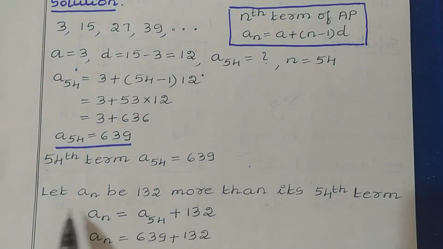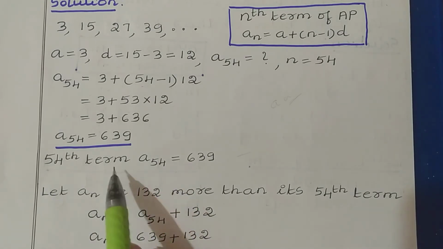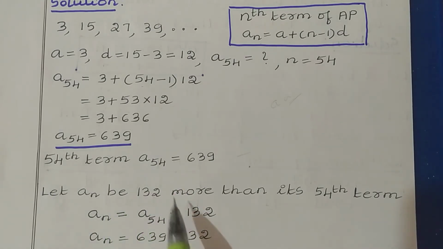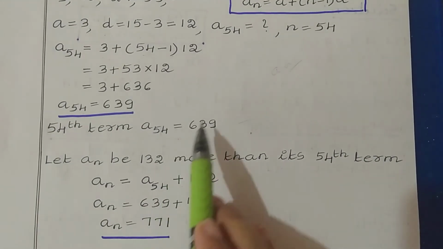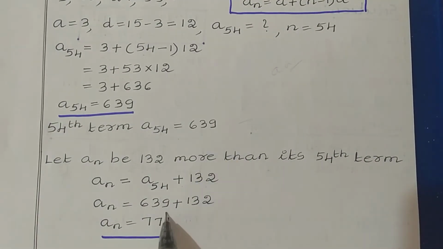So let us say that An be the term which is 132 more than its 54th term. That means we can write An is equal to A54 plus 132. Now we know the value of A54, that is 639. So An is equal to 639 plus 132. So this gives an is equal to 771.